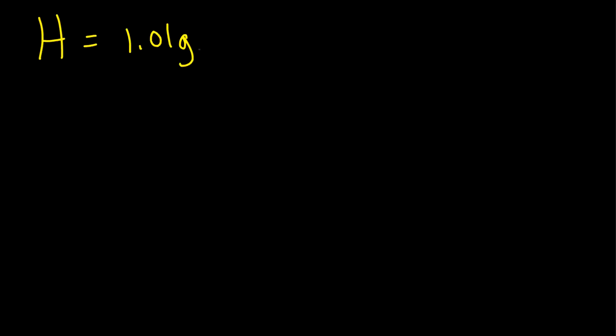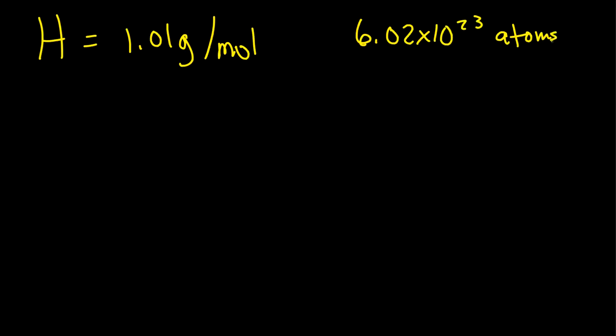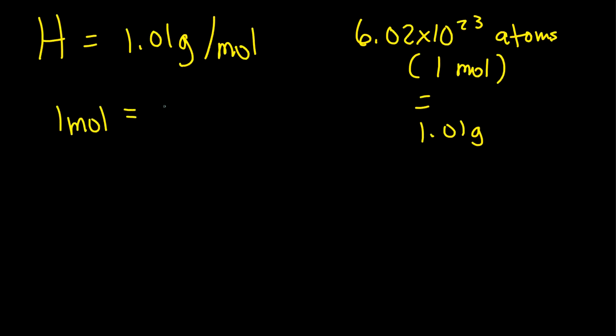This is for 1 mole, so it's 1.01 grams per mole. That means if I had 6.02 times 10 to the 23rd atoms of hydrogen, which is 1 mole, it would have a mass of 1.01 grams. So 1 mole equals 1.01 grams.